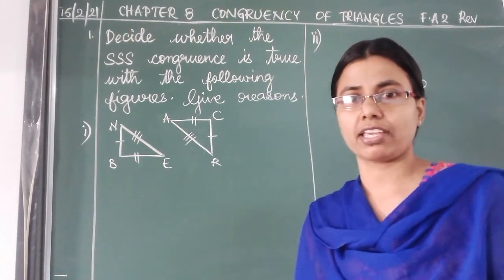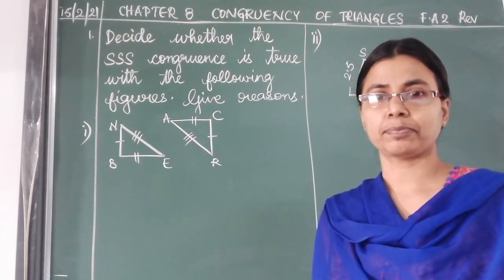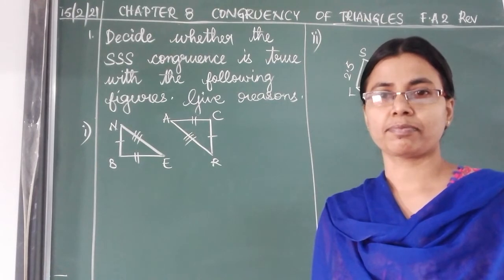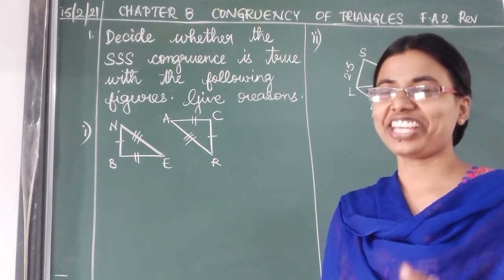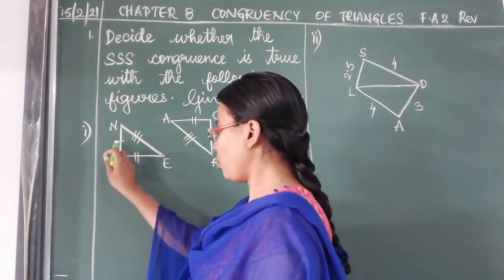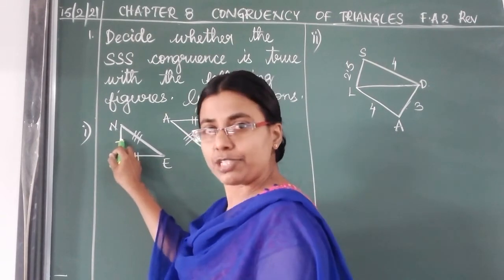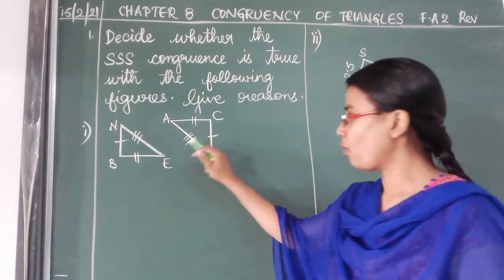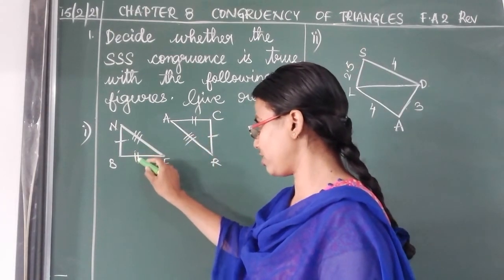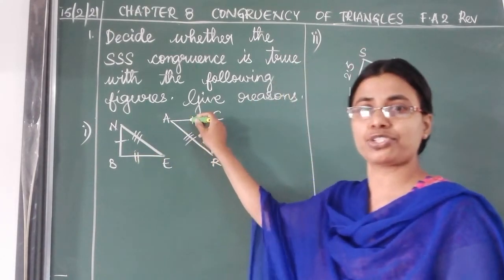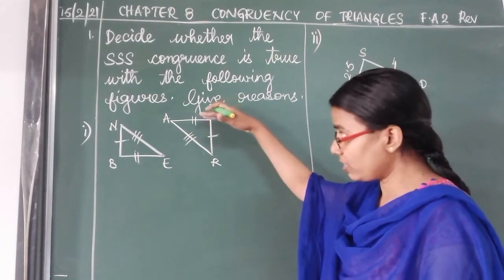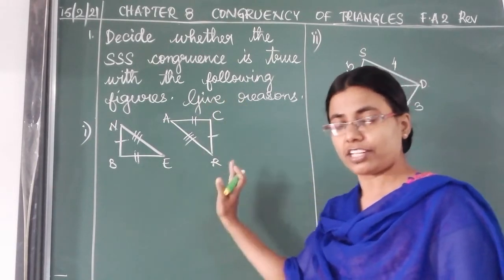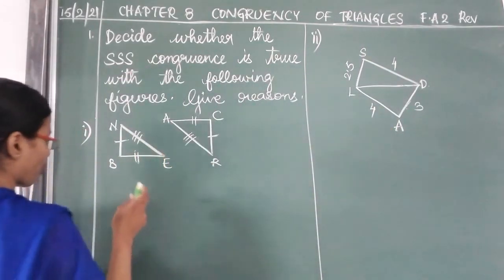What does this marking mean? Very good. When two lines are drawn here, and the two lines in the other triangle, they are corresponding sides. So let's begin right here.